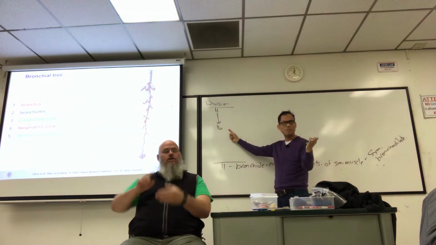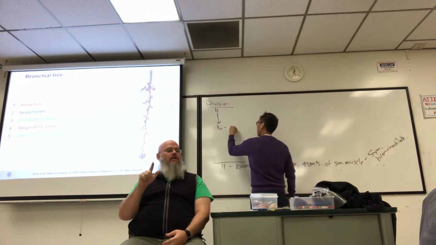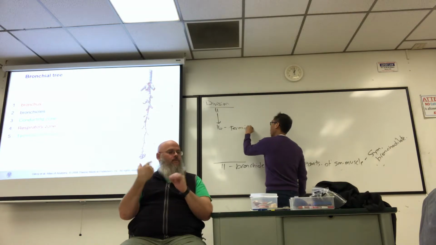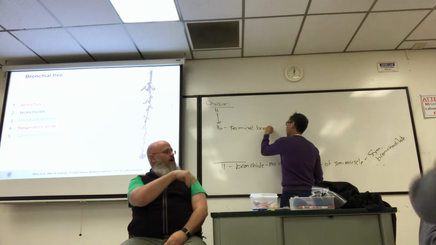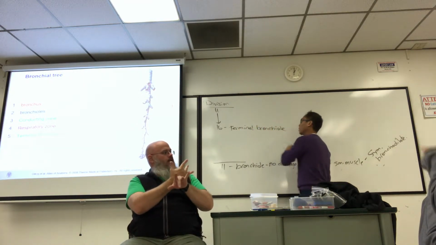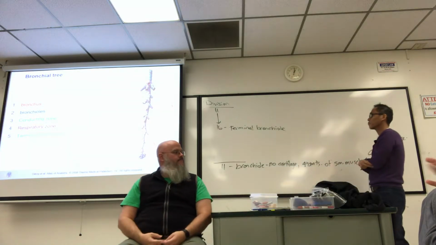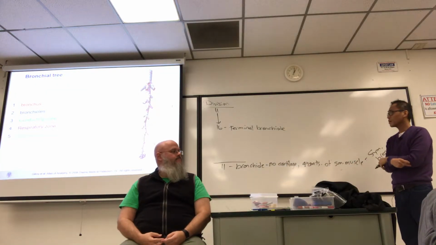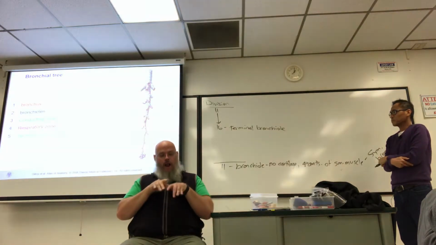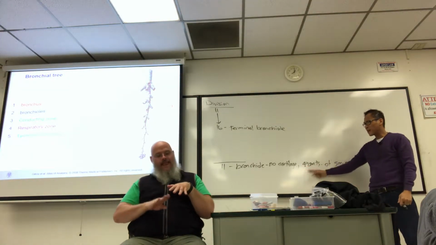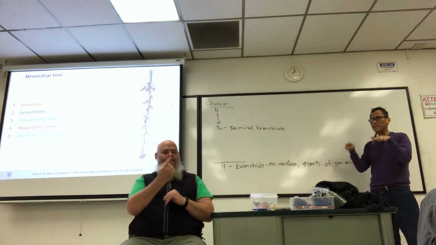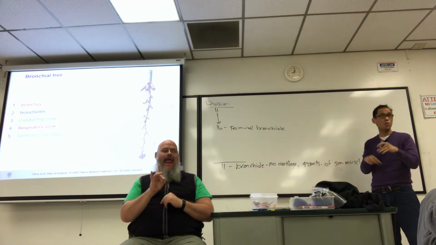I think I mentioned this before. So when you're at the bronchiole level, you're at 11 to 16, you're getting at like 80,000-ish airways.